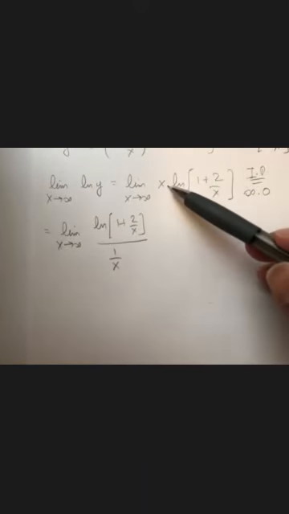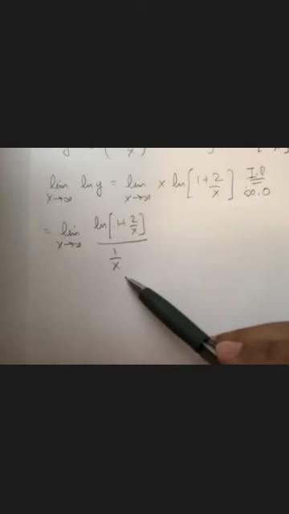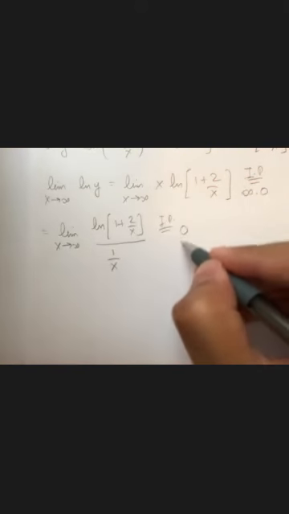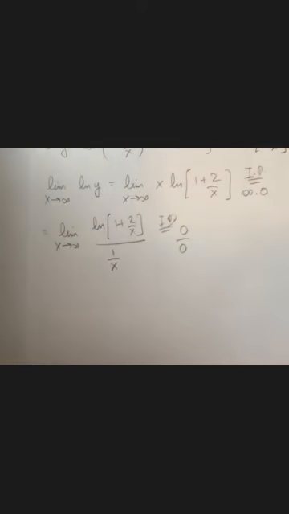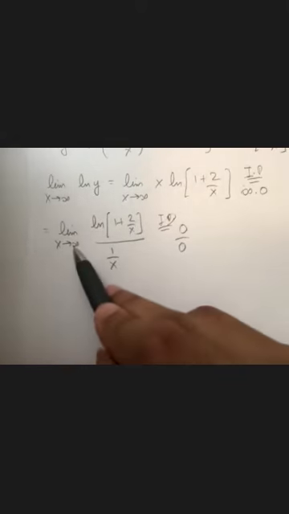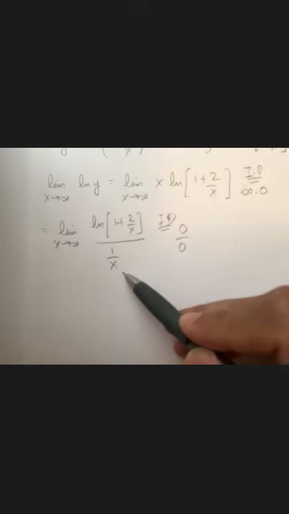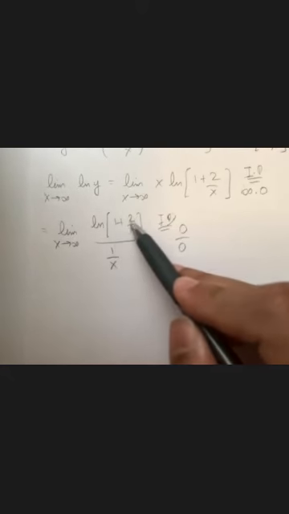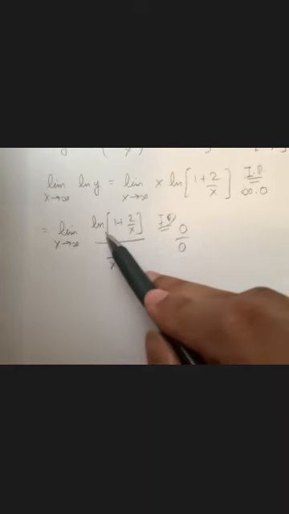So I'm bringing this x into the denominator. That's why 1 over x. So now this is the indeterminate form of type 0 over 0. That's x goes to infinity, 1 over x goes to 0, 2 over x goes to 0, and 1 plus 2 over x goes to 1, ln 1 is 0.